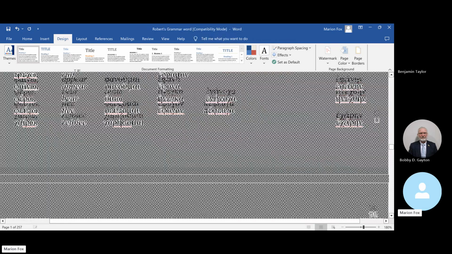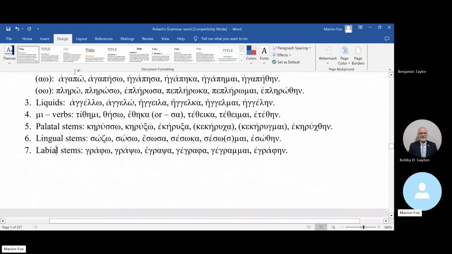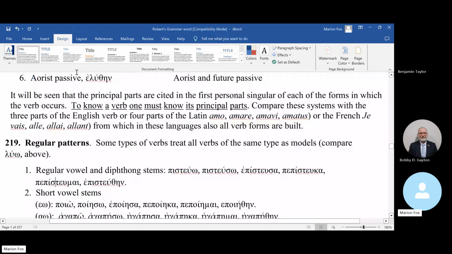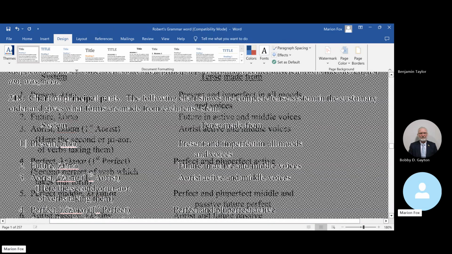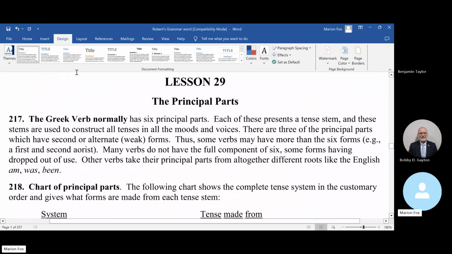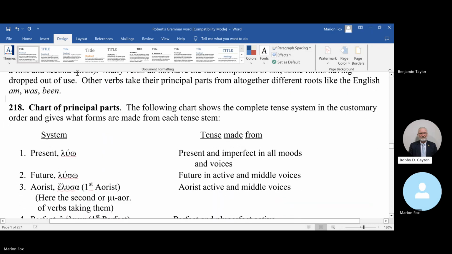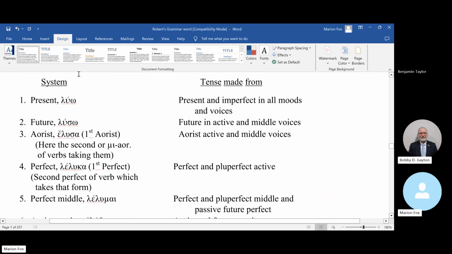All right. Now he's making us go back up here and list them up here. They're formed in more than one way, right? That's the ones that have the first and second forms, like first and second aorist, okay? So we have the aorist having the first and second, we have the perfect having the first and second.